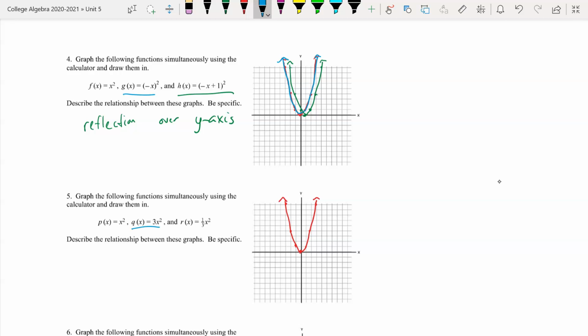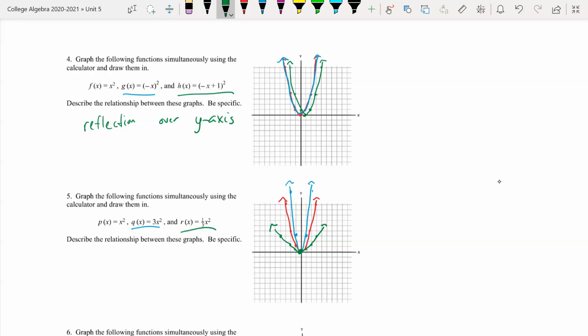Again, I fully expect you to type these in on Desmos. Notice that if I throw a number to multiply the x squared by, it's going to either stretch or compress it.